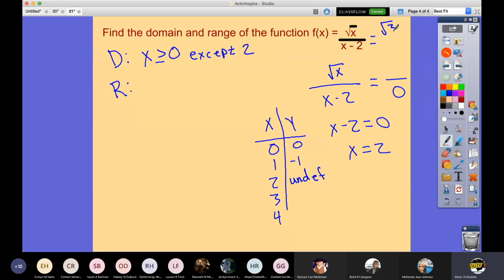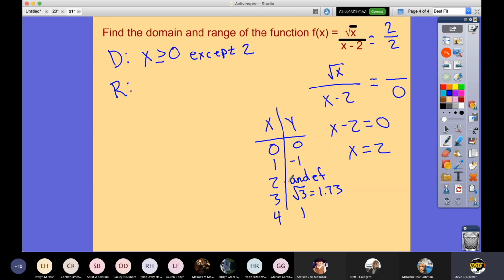So square root of 3 over 3 minus 2 is 1. This would be a square root of 3, which is equal to 1.73. And then if we put a 4 in, we would get the square root of 4 is 2 over 2 is 1.